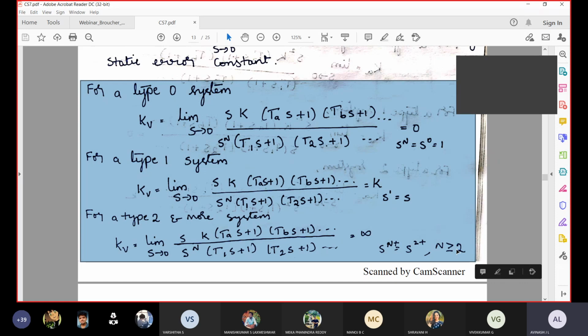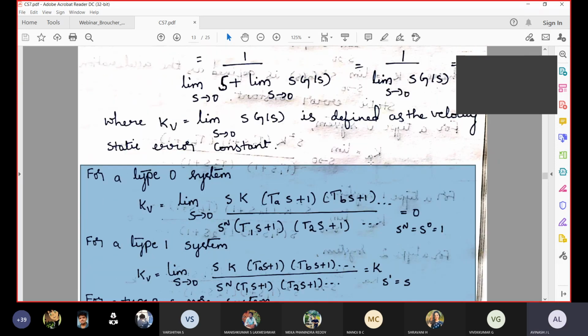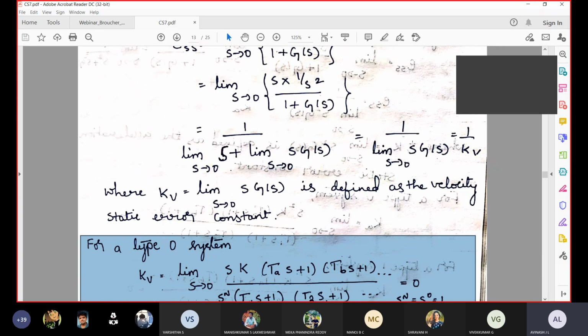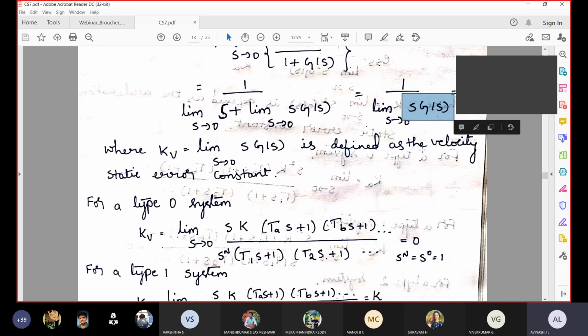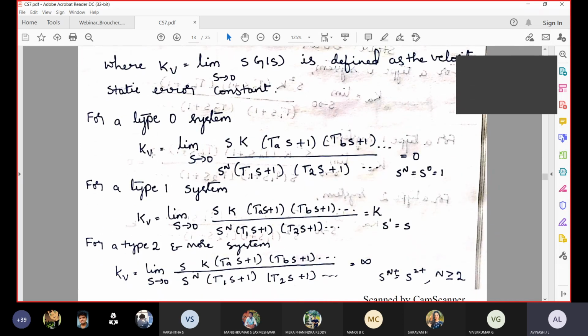Here the extra s also comes, because this is Kv, the velocity constant we are discussing. It comes because s into G of s appears; this s was not there in Kp, which is why it was not considered. Here s is there, so we write the G of s value like this.